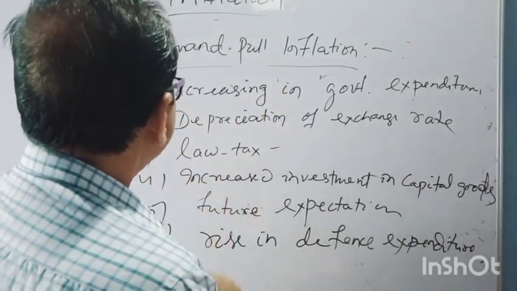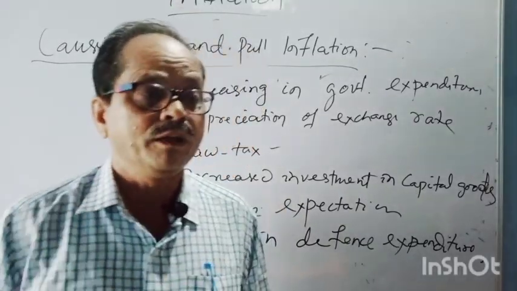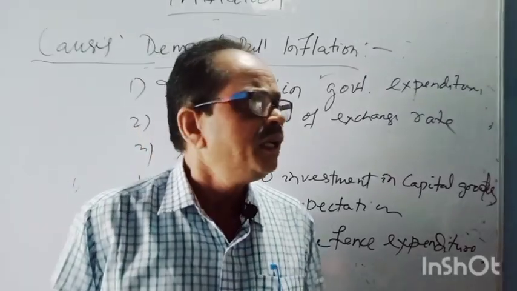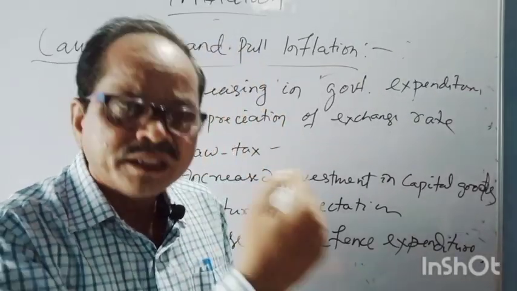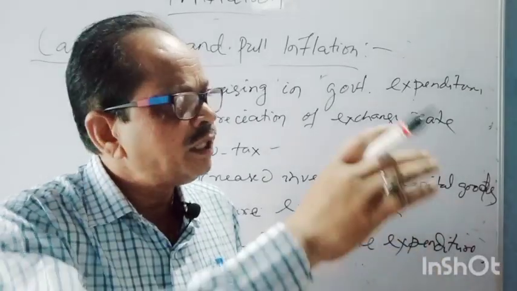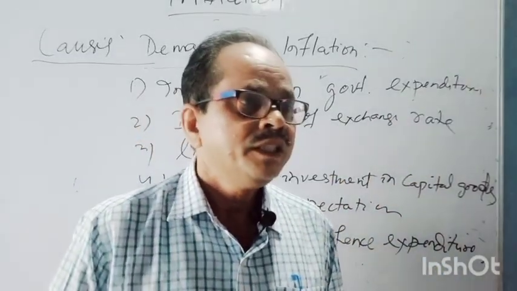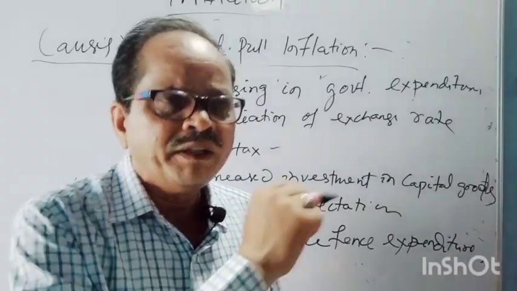And the fourth cause is increased investment in capital goods. What are capital goods? Capital goods means the investment in any field that will generate production in future, for example road transport, machinery, raw materials.